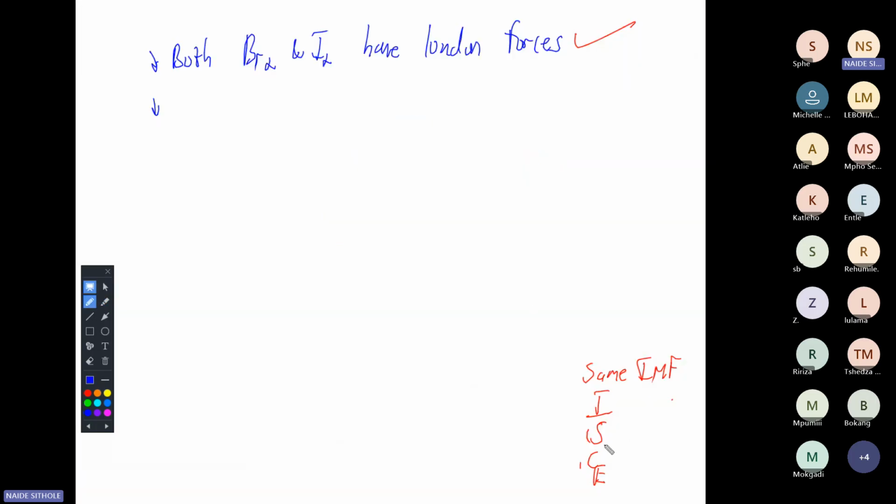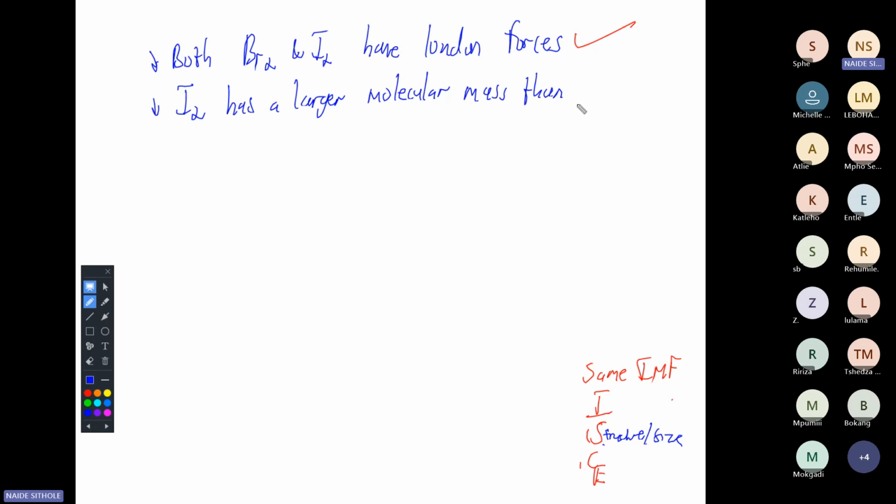That's the structure or the size. S is for structure or size or surface area, right? So we're going to say I2 has a larger molecular mass than what? Than Br2.